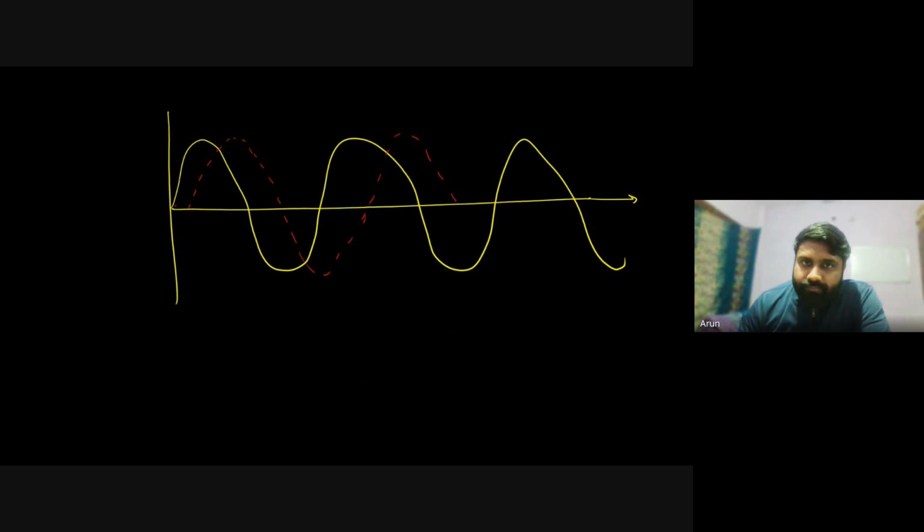Got it or not? After some time, it will get shifted. So this point has moved this distance. This point has moved this distance. This point has moved this much amount. So we can say that this point P, let's say this yellow color disturbance is at time t is equals to 1 second, and this P, red color disturbance, the same particle, is at t is equals to 3 seconds.